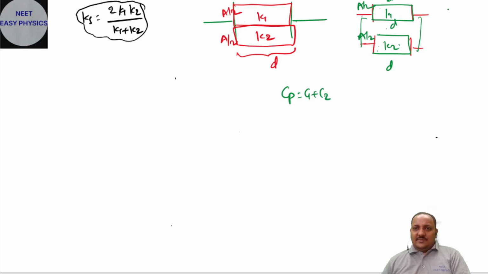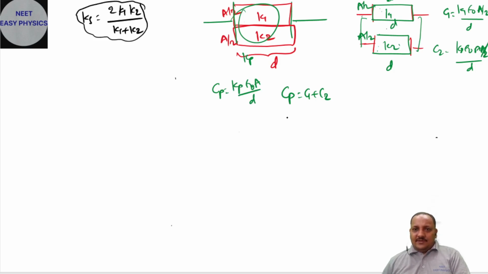What is C1 here? C1 is K1 epsilon naught A by 2D. Like that, C2 is K2 epsilon naught A by 2D. Now Cp is equal to Kp epsilon naught A by D. If we substitute all these, Kp epsilon naught A by D is equal to K1 epsilon naught A by 2D plus K2 epsilon naught A by 2D.